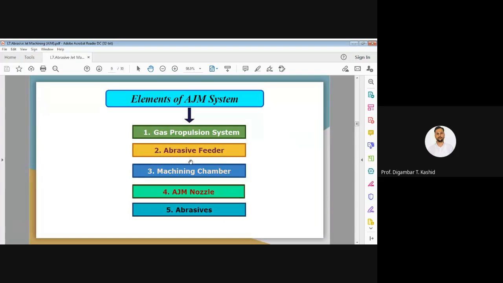Please remember, tungsten carbide or sapphire are used as nozzle material. If sapphire is used, in general you can get a reasonably good life, around 300 hours, for that nozzle.